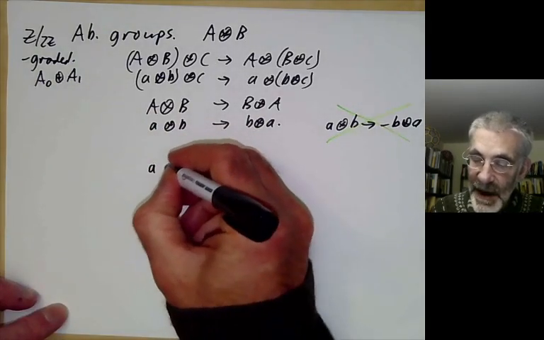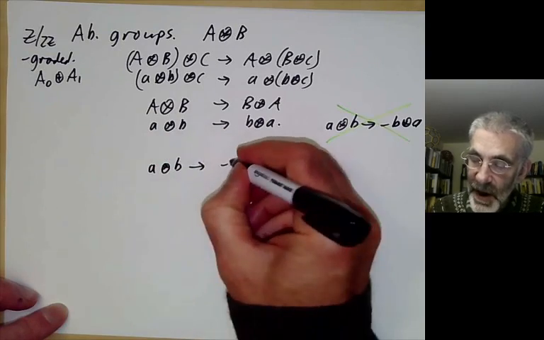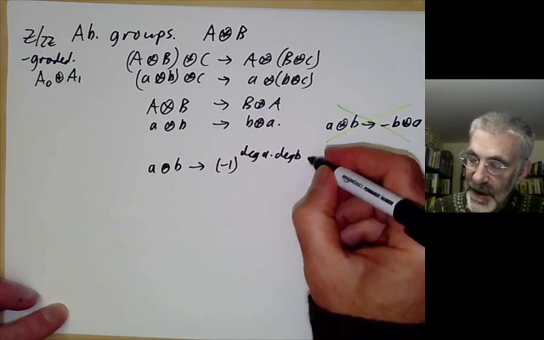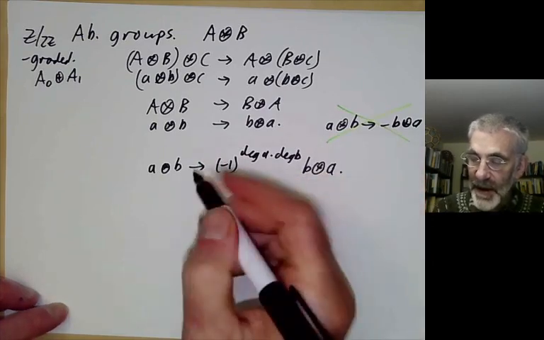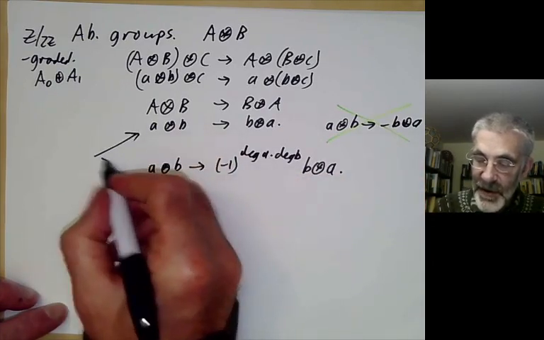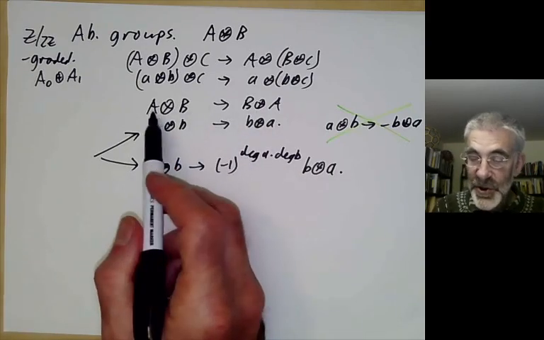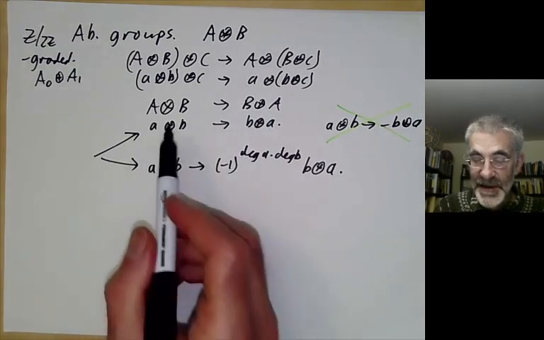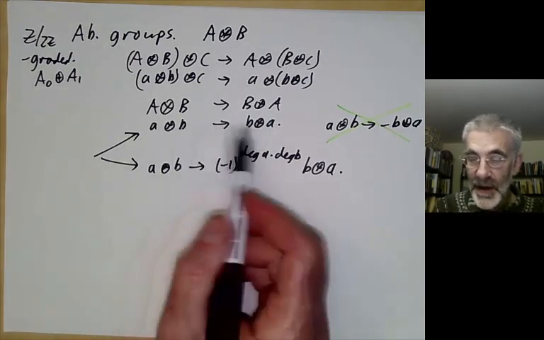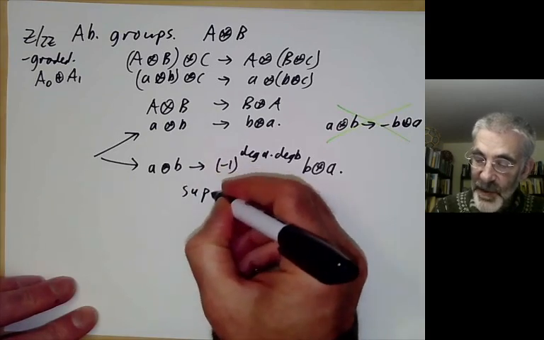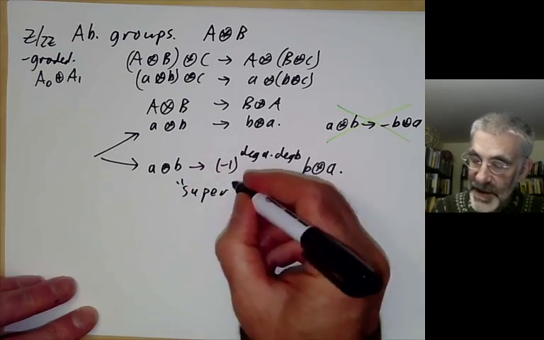And now I'm going to map a tensor b to -1 to the degree of a times the degree of b times b tensor a. So there are two different isomorphisms we can choose from a tensor b to b tensor a. This one gives you the usual monoidal category of abelian groups. This one gives us super objects.